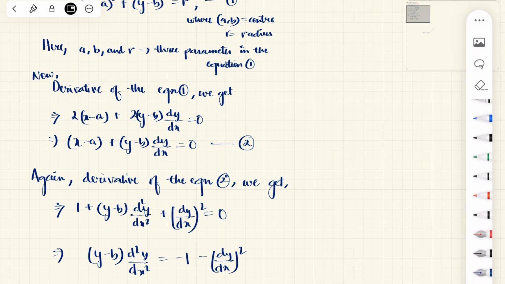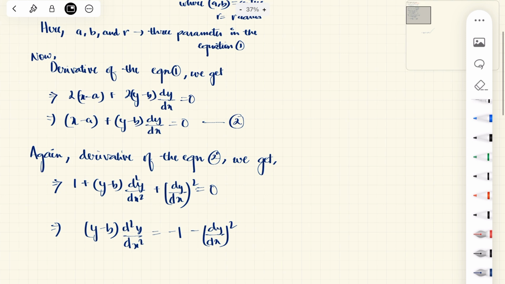This we bring here, this also we bring here, so it becomes minus. When this 2 comes here, it becomes minus. Got it? So what about if I put this here? Yes or no? We can put it here, right?